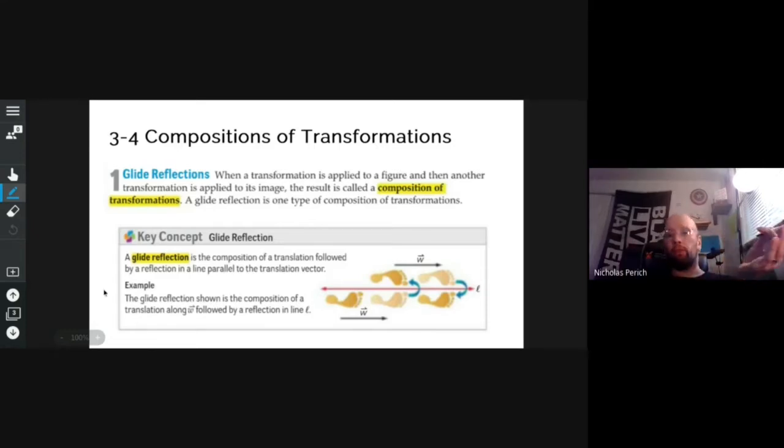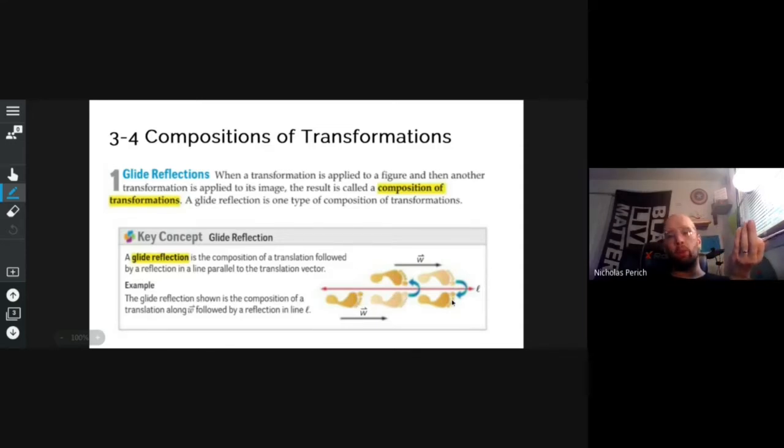A glide reflection, as one of you mentioned from the feet below, is a translation followed by a reflection over a line. Again, this is just words that we don't need to know. So if you're looking at this, you're reflecting and then moving.